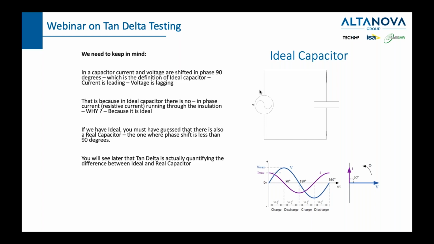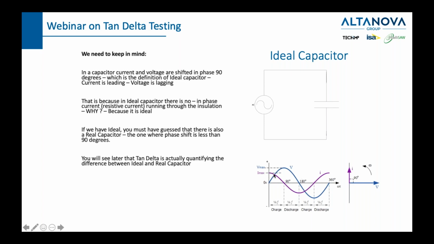That is because it is exactly 90, because there is no other current running through the capacitor but the capacitive current, because it's an ideal capacitor. Now, if we have an ideal capacitor, obviously there should be a realistic capacitor. And the realistic capacitor is something which we will see in the next screen.